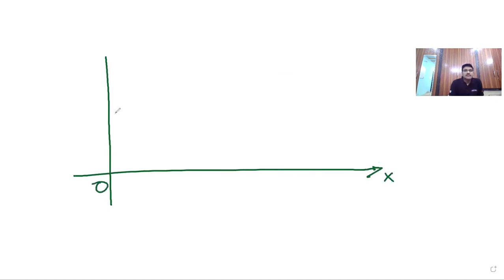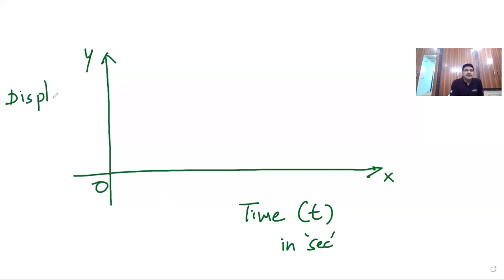X-axis, origin, y-axis. On the x-axis, it is time, t, in seconds. On the y-axis, it is displacement, S, in meters.